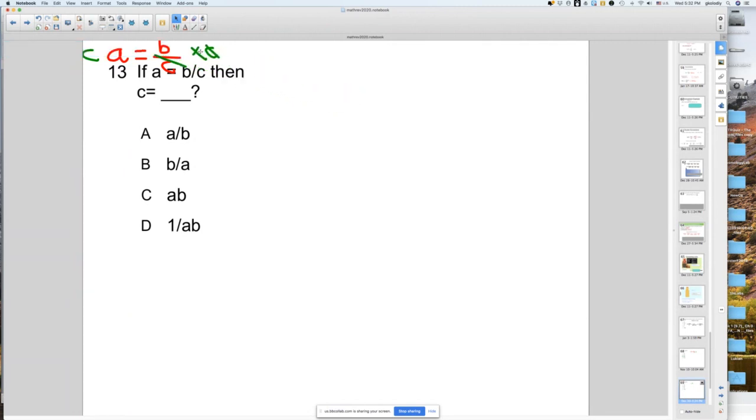We solved for B equals C times A. So B equals C times A, what is C? Well, divide both sides by A now. C equals B over A. Divide this by A, and divide this by A.